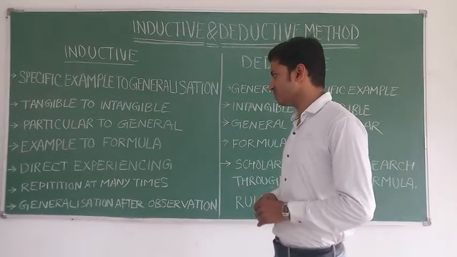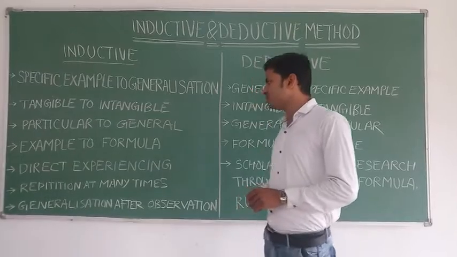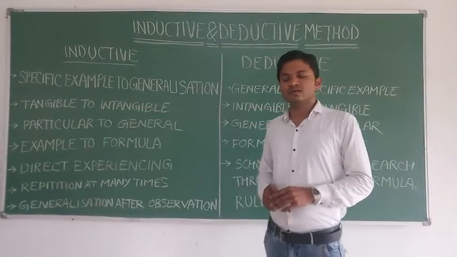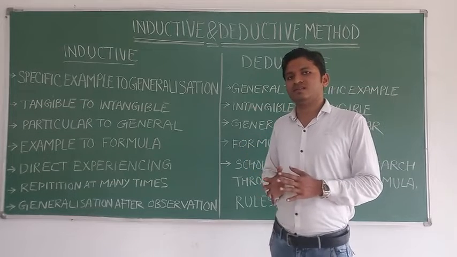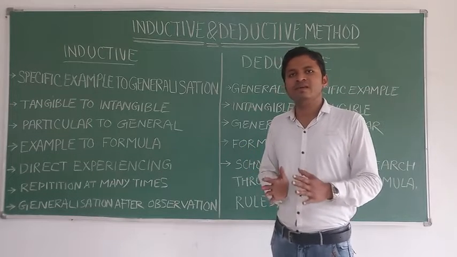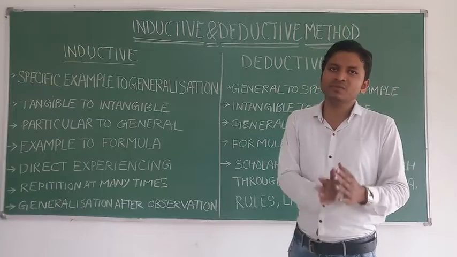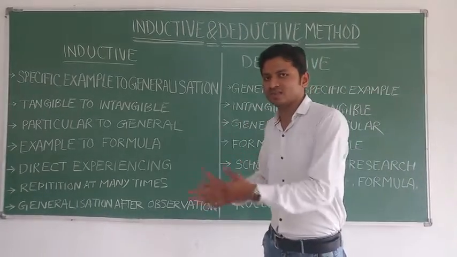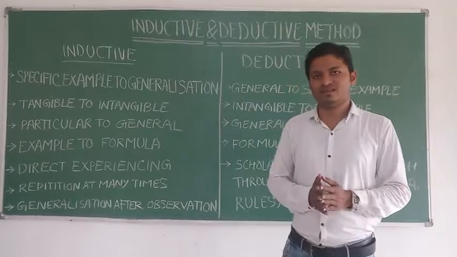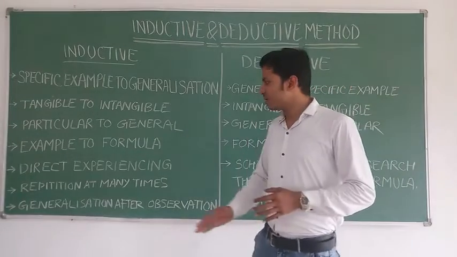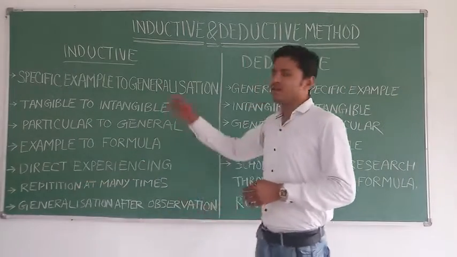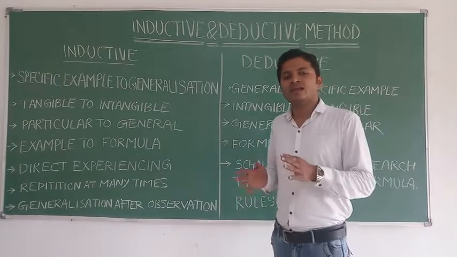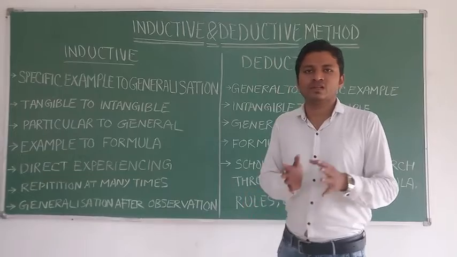Okay. The next thing is repetition many times. In the inductive method the scholar may repeat the same process of study on many examples, many things, many respondents. So repetition may be there in the inductive method when the scholar is studying any social unit or social group.